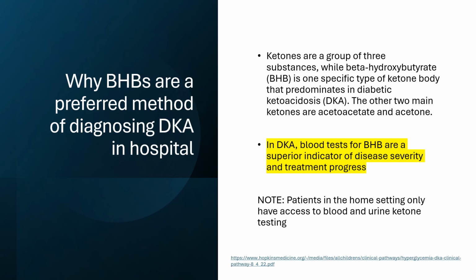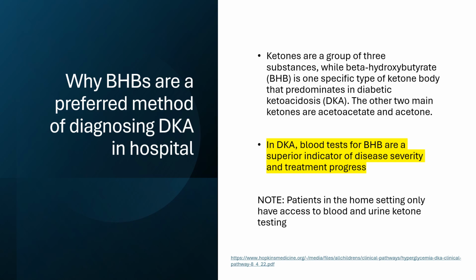And if you've got someone on a severely carbohydrate-reduced diet who also has diabetes, they may have ketone bodies, but they might not be in diabetic ketoacidosis because it's a result of the dietary restrictions of carbs. So in hospital, we'd like to test BHBs. And anything over 0.42 is actually considered a higher beta-hydroxybutyrate.